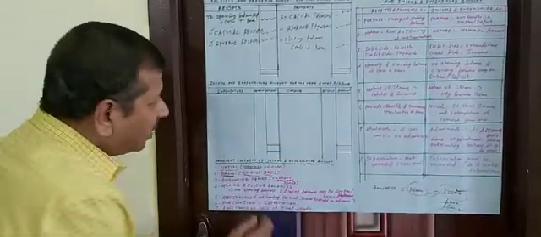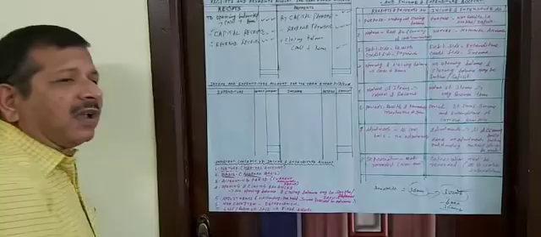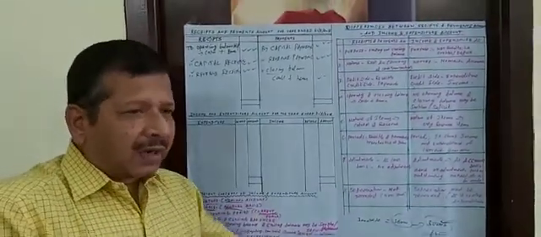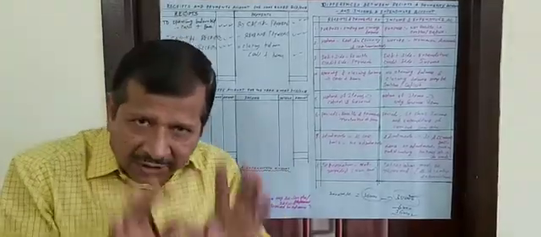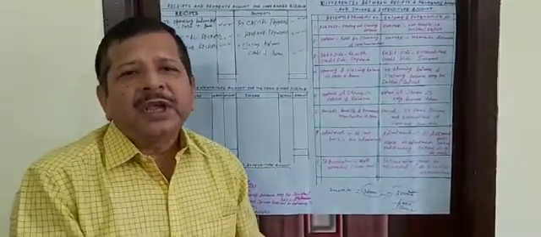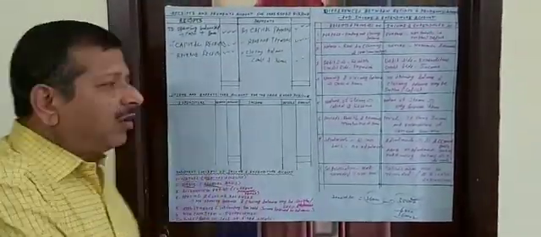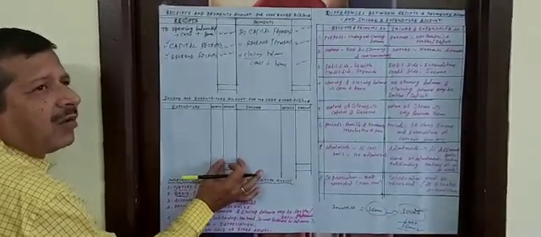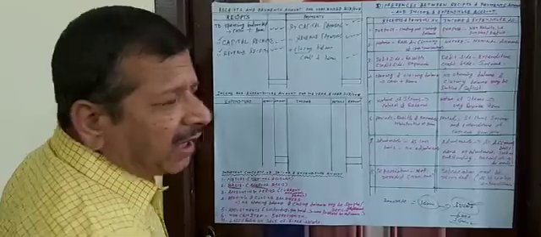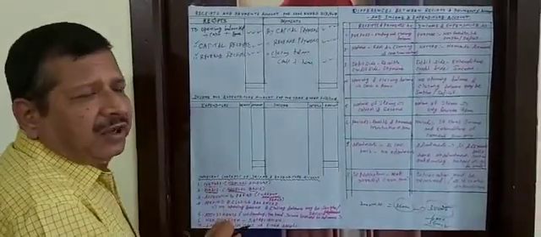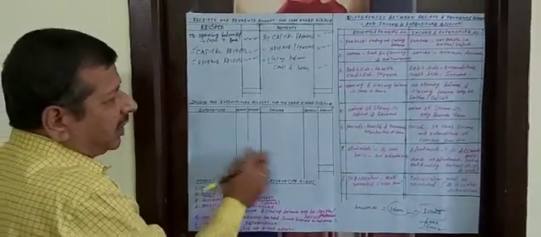That is called the accrual basis. Whether we have paid or not, if the expenses belong to the particular year, they have to be recorded as an expense. Then only we will get the exact amount of profit. For a non-profit organization, the word profit we should not use; surplus or deficit will come later on.